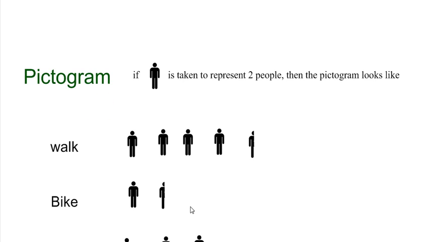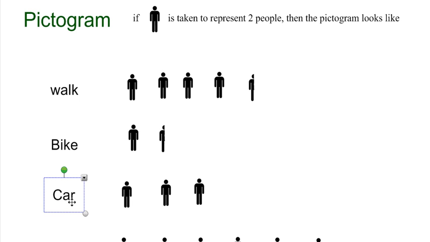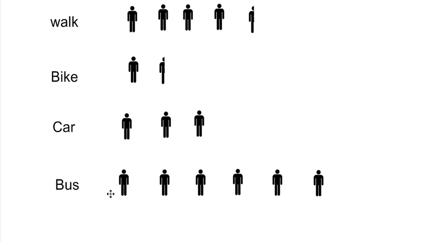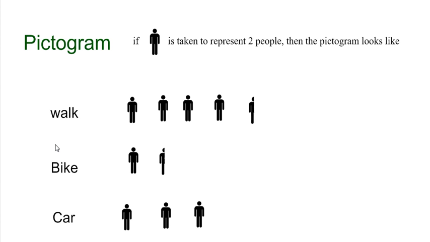By bike, we have 3. By car, we have 3 pictures, so 6 people. By bus, we have 12. This is the pictogram, which needs a picture to represent data.